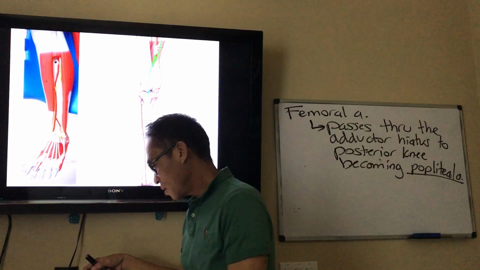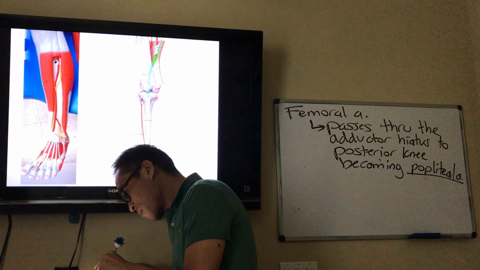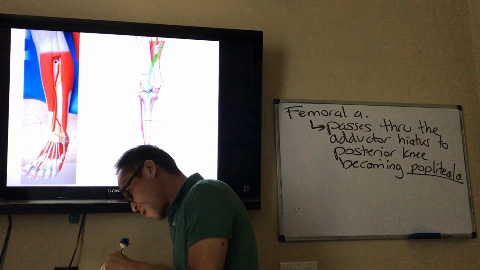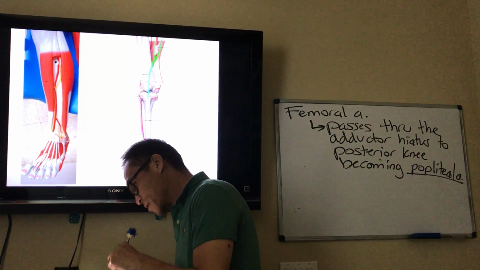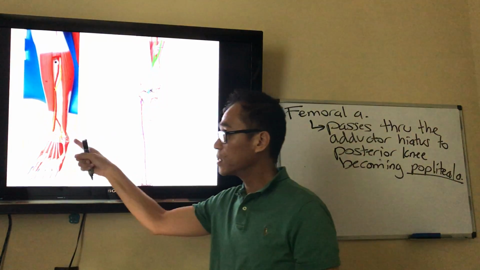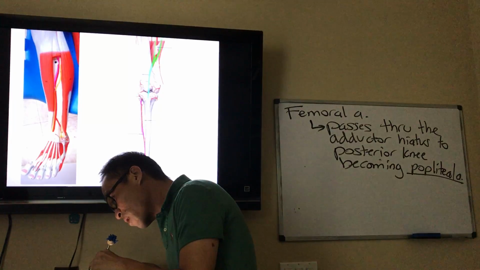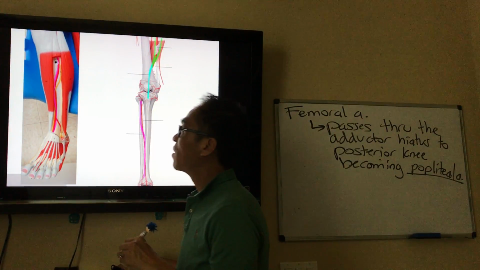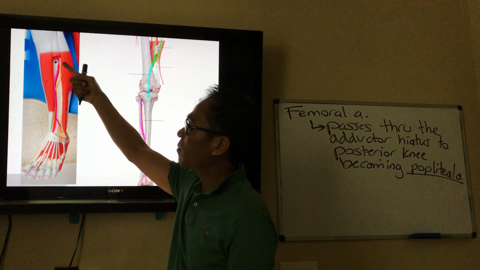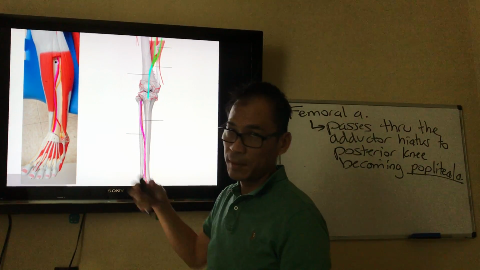Let me see if I can give it a different color here. How about purple? So that purple line, I'm trying to trace that red line, is the anterior tibial artery. And here it is on this model, that red line there. Stands out a little bit. Let me just trace it with my finger. Anterior tibial artery. Okay.